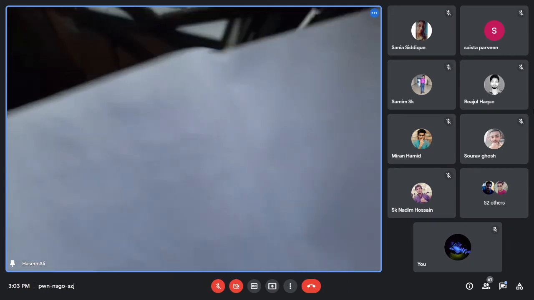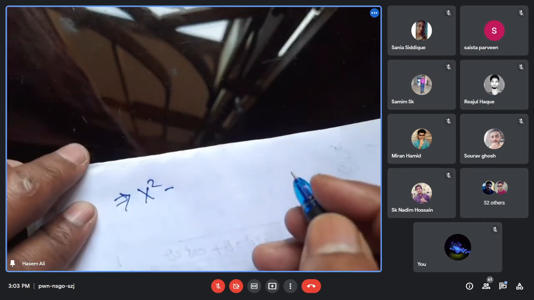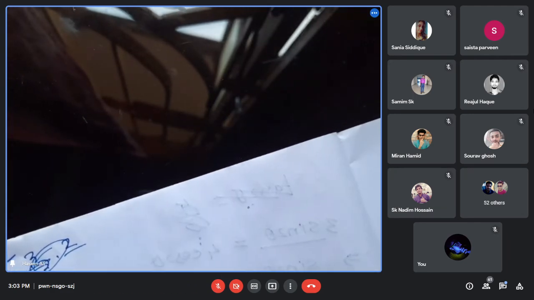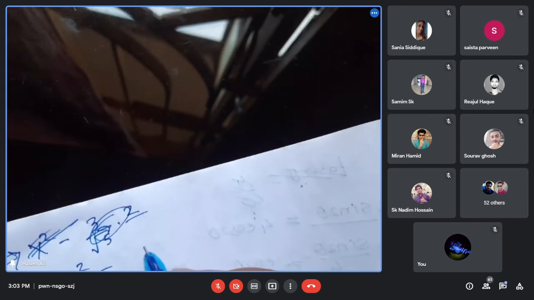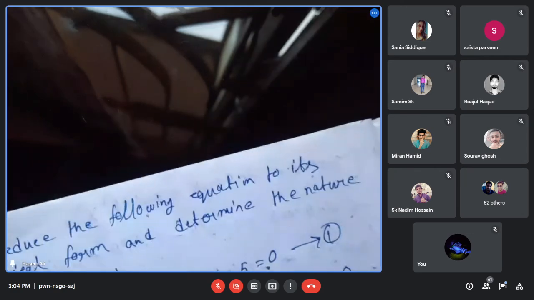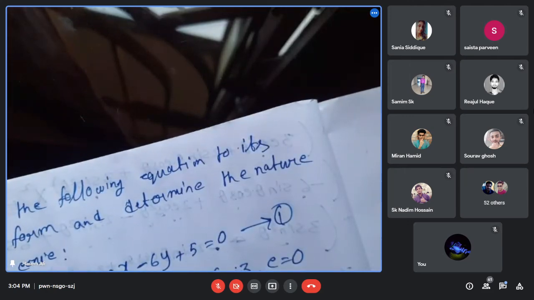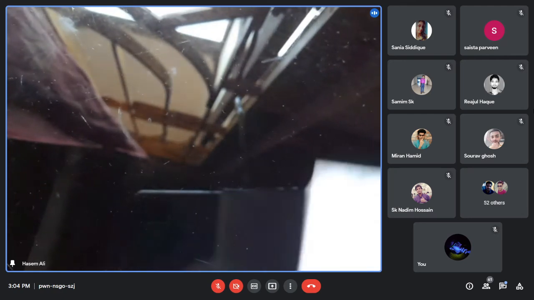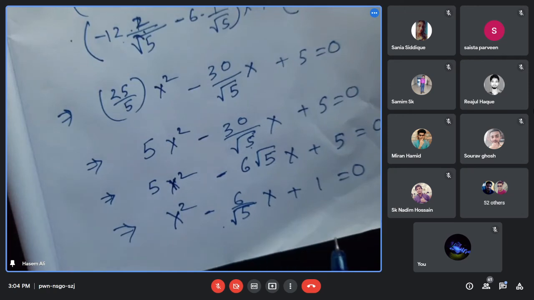This is a second degree equation. So we can either factorize it or use the quadratic formula.